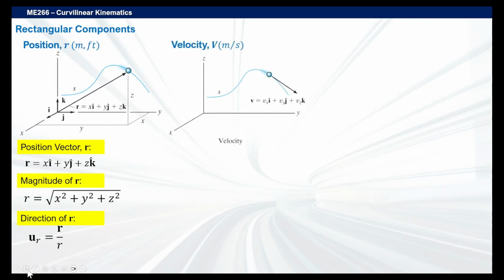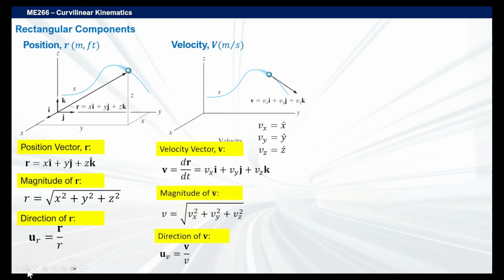So next up is velocity, ganun rin, can be represented in the x, y, and z, i, j, k hat. Okay, so essentially, our velocity vector lang naman here is just the first derivative of position with respect to time. And this can be represented by vx times i hat plus vy j hat plus vz k hat.